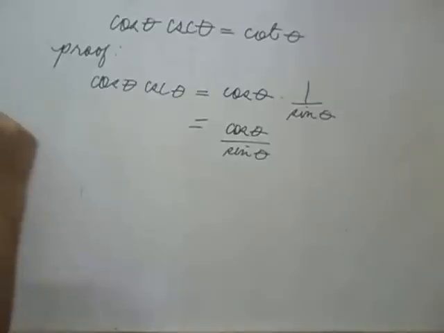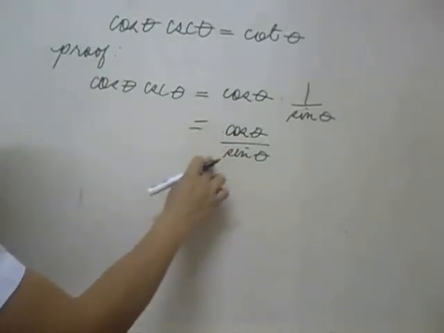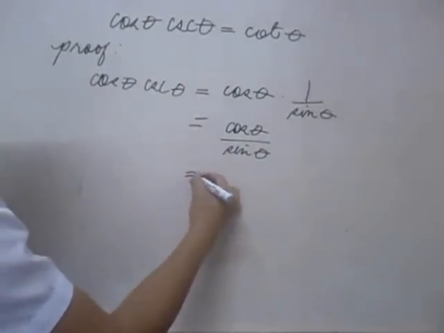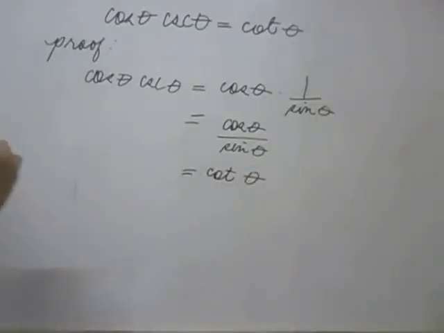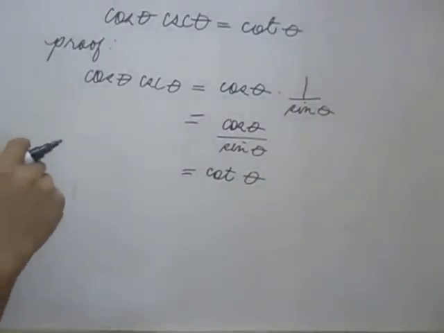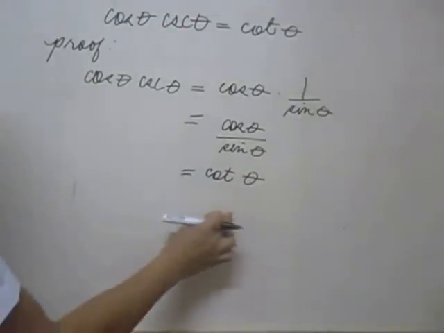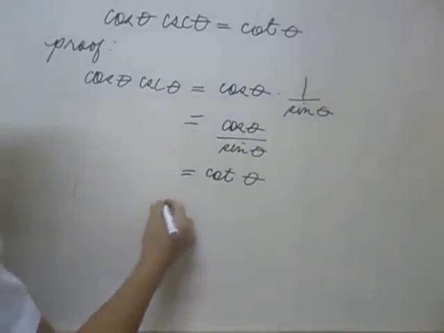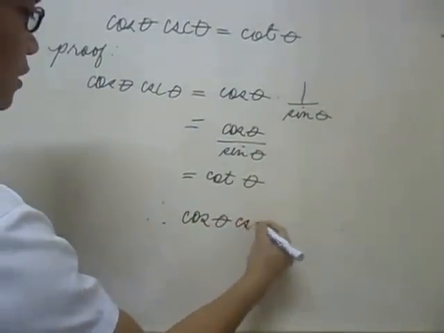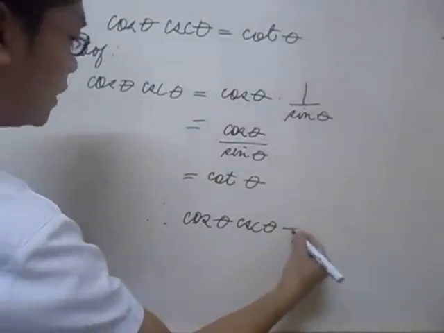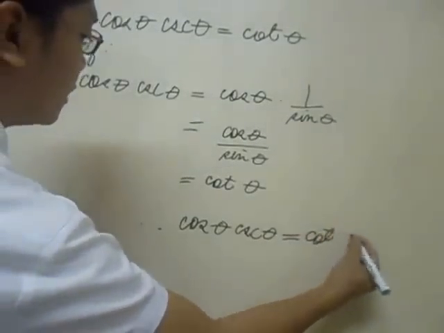So we can replace cosine theta over sine theta by cotangent theta. Isn't it? We are trying to get cotangent theta. Therefore, cosine theta times cosecant theta is really equal to cotangent theta.